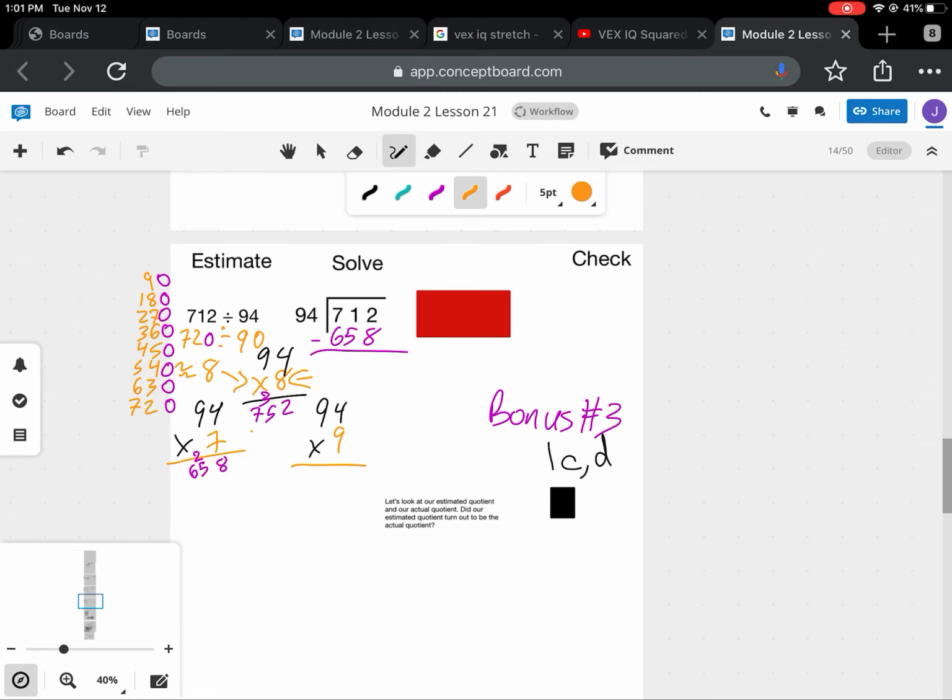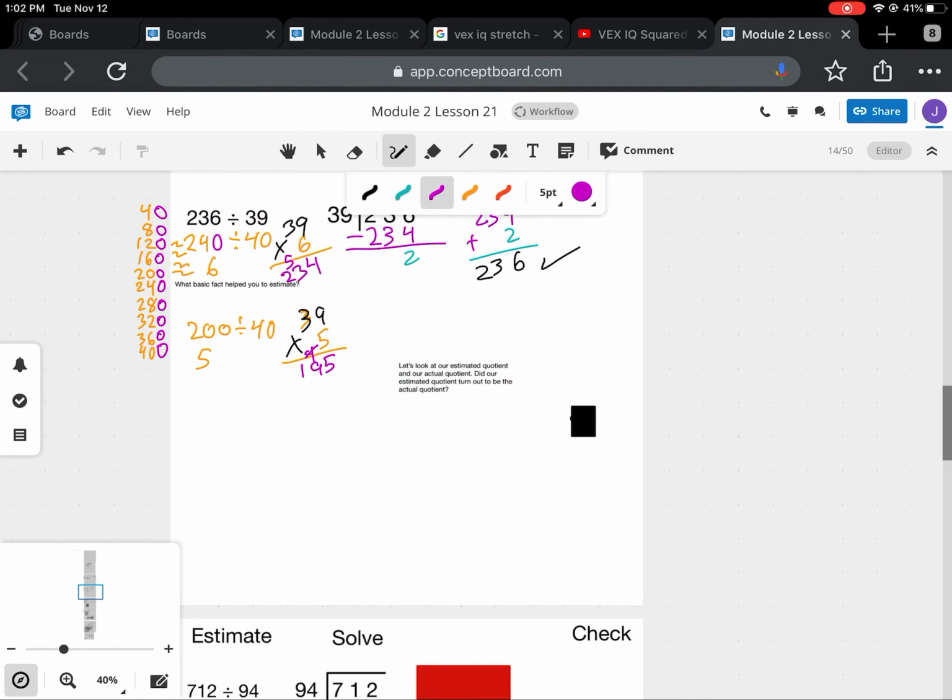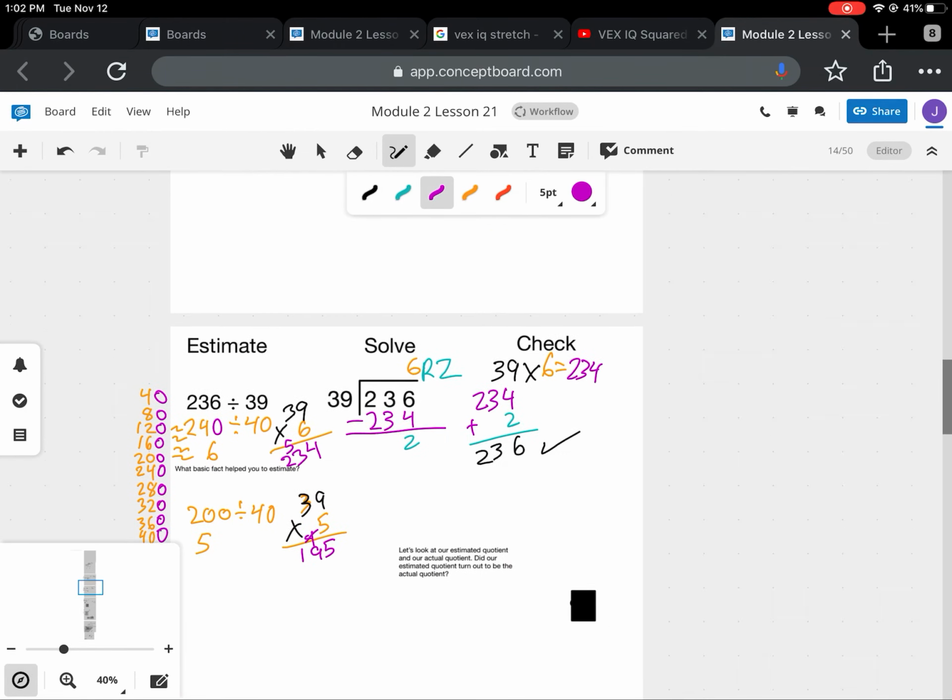It was too much. 752 was too much. So we had to go down to a 7 and try 94 times 7. Okay? How do I know that 752 was wrong? Because if I did 712 minus 752, we cannot do that. It's too much. Now, we're not talking negative numbers. When you get older, you'll understand negative numbers. Okay, do your best. Again, there's some examples from class today.